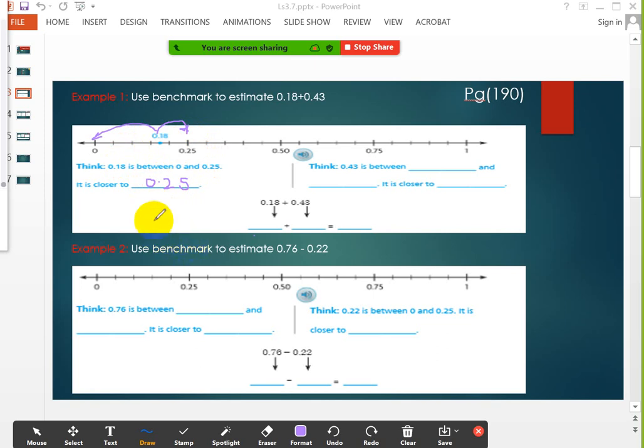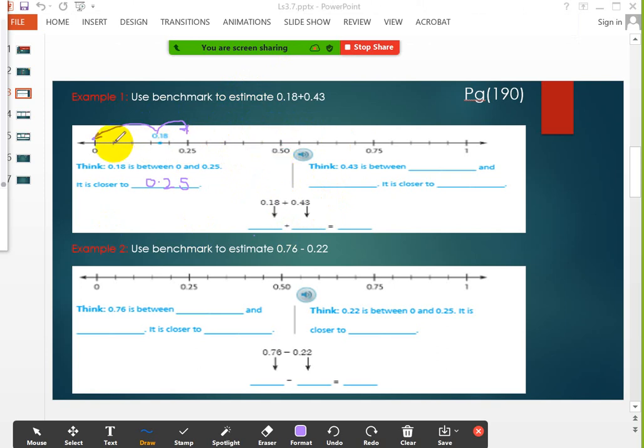hundredths. Okay? Now, someone will ask me, teacher, what about 0.43? Okay, let's locate 0.43. It will be between 0.25 and 0.50 on the number line.